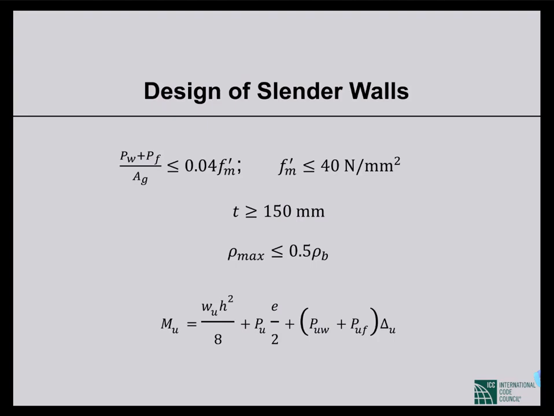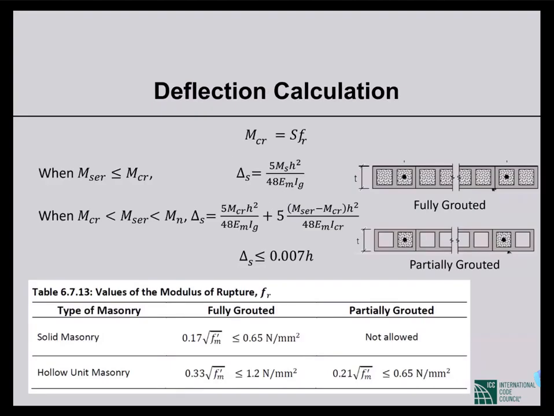And again, we have to calculate the deflection, and then we have to consider the second order effect. Now, delta U. Now, how can we calculate the deflection? The specified deflection we can calculate by these formulas. So it will depend on the cracking moment. That is the moment that will induce tension cracks in the wall.